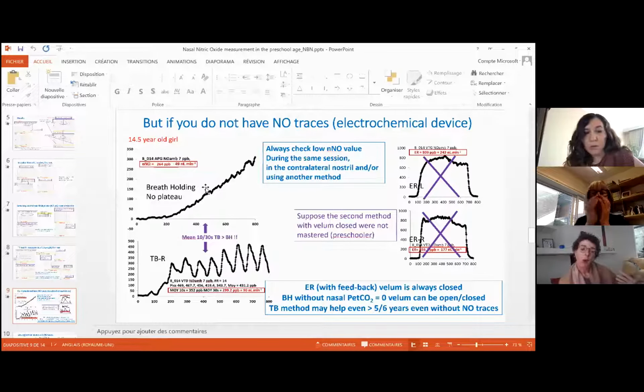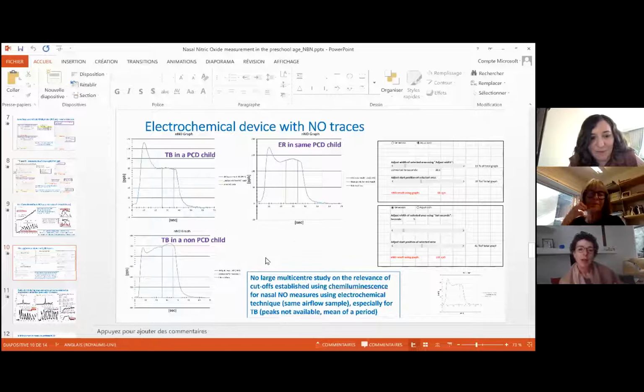Okay, so if you have the Niox Vero, I think you have access to this, because I had, and you can change the way you want to select the curve. But as you see in tidal breathing, you don't really have peaks. So I think the tidal breathing of the Niox Vero is also a mean of a few seconds that you can select.